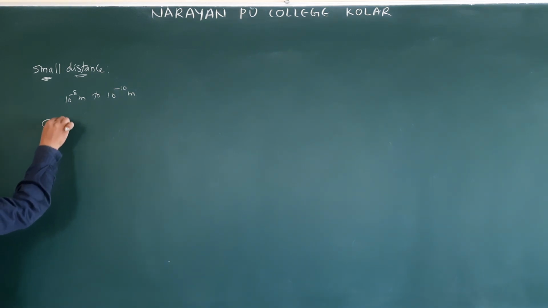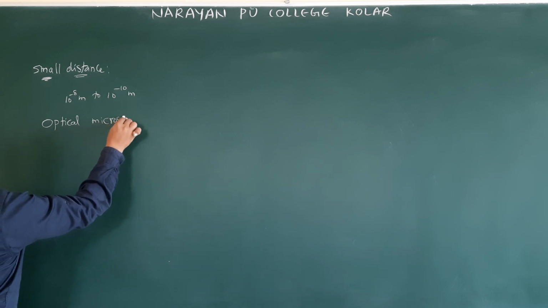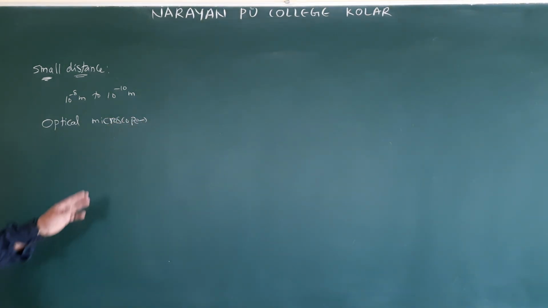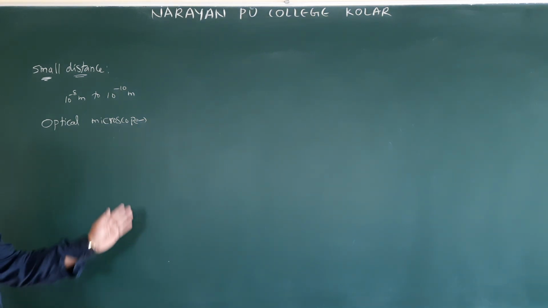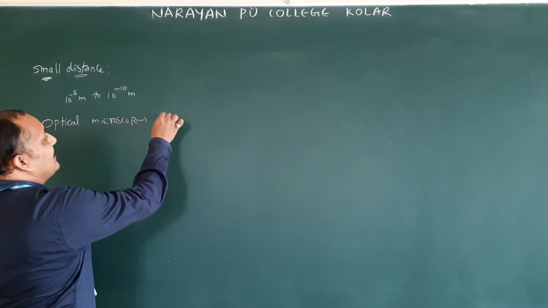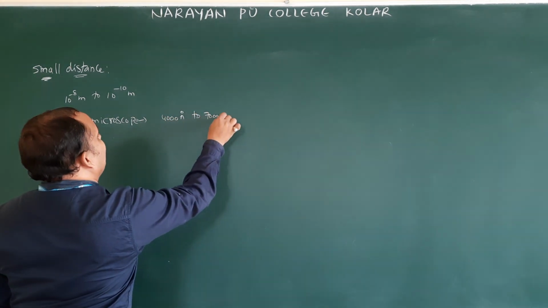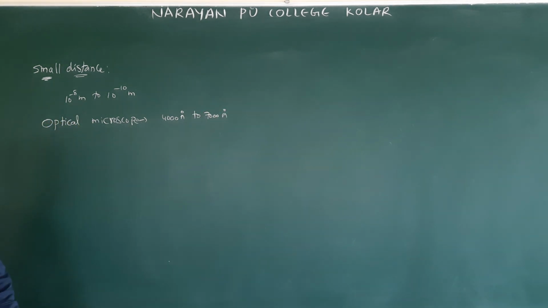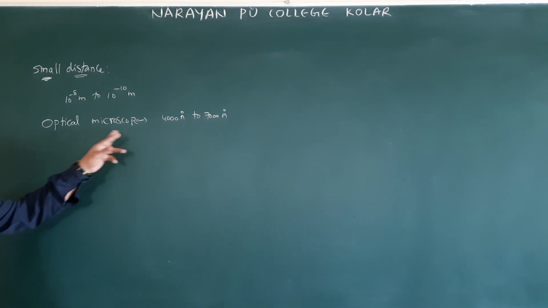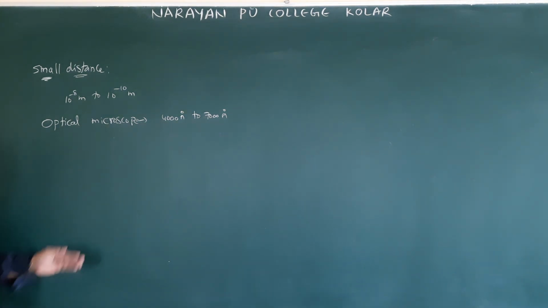In the optical microscope, we measure the range of visible light. What is the range of visible light? 4000 angstrom to 7000 angstroms. Angstrom means 10 power minus 10 meters. This range we measure by using the optical microscope.